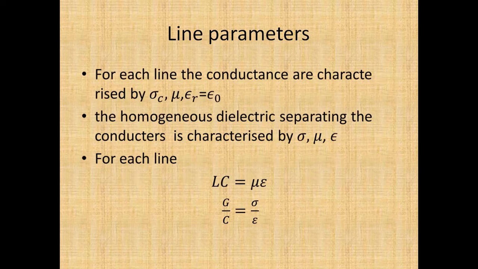For each line, the conductors are characterized by sigma c, mu, and epsilon r equal to epsilon 0. The homogeneous dielectric separating the conductors is characterized by sigma, mu and epsilon. For each line, LC is equal to mu epsilon and G upon C is equal to sigma upon epsilon.